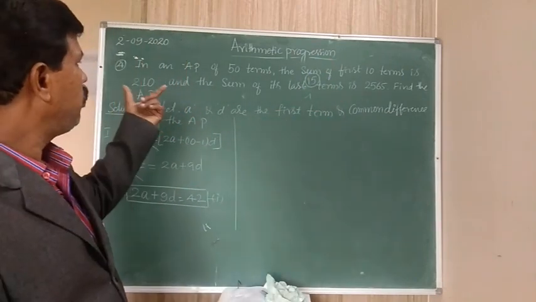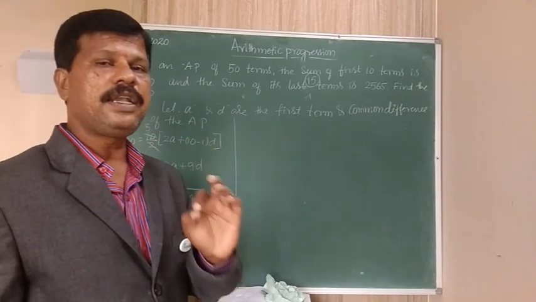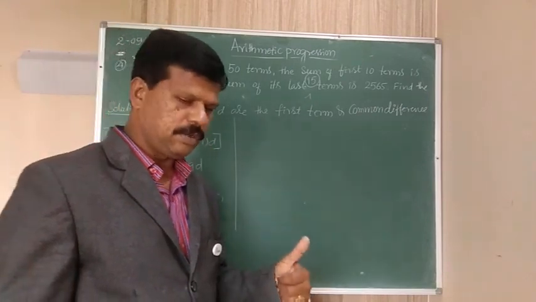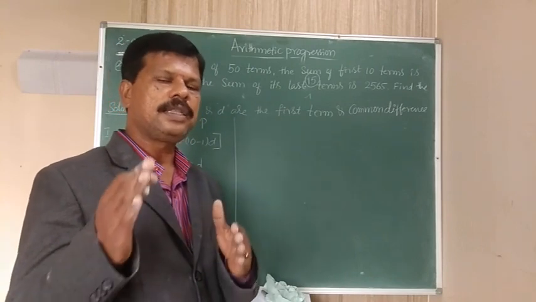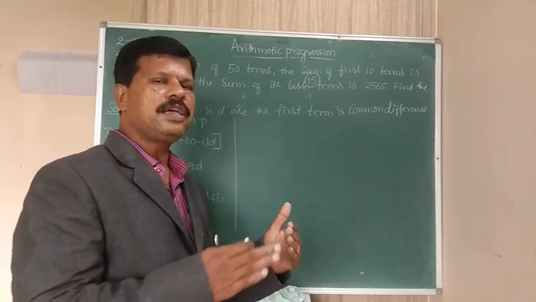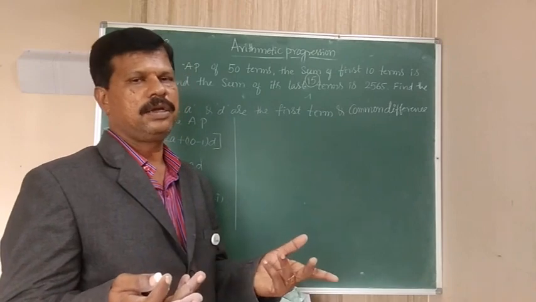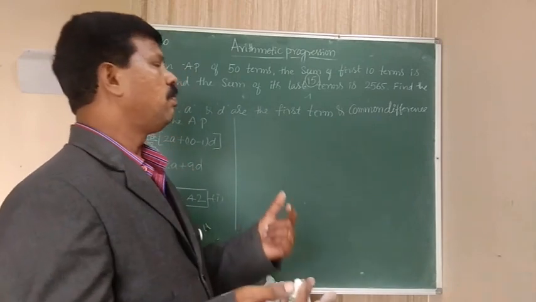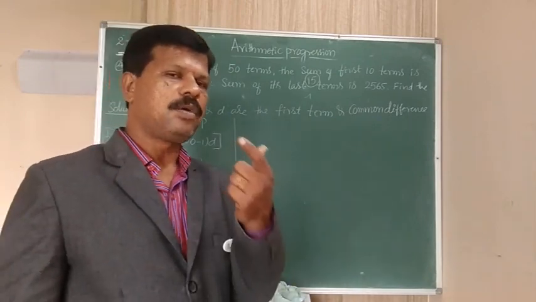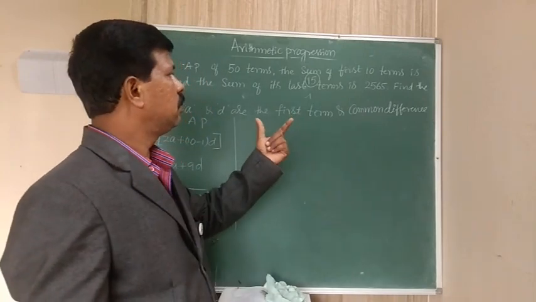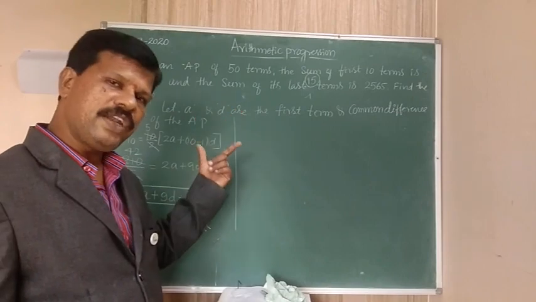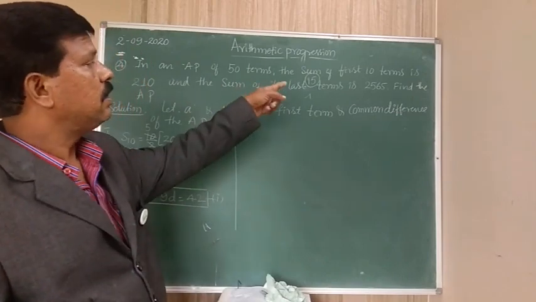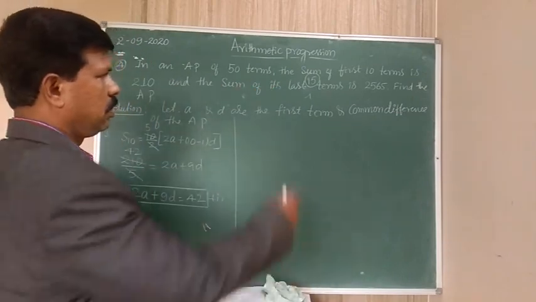So totally how many terms are there? 50 terms are there, and only the sum of the last 15 terms is given. That means the sum of the previous 35 terms we do not know. So when we subtract the sum of 35 terms from the sum of 50 terms, we will get the last 15 terms answer.